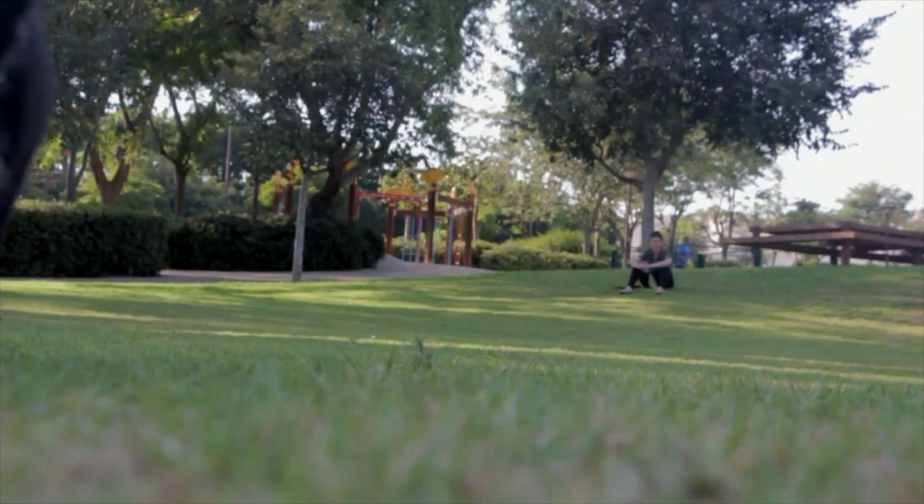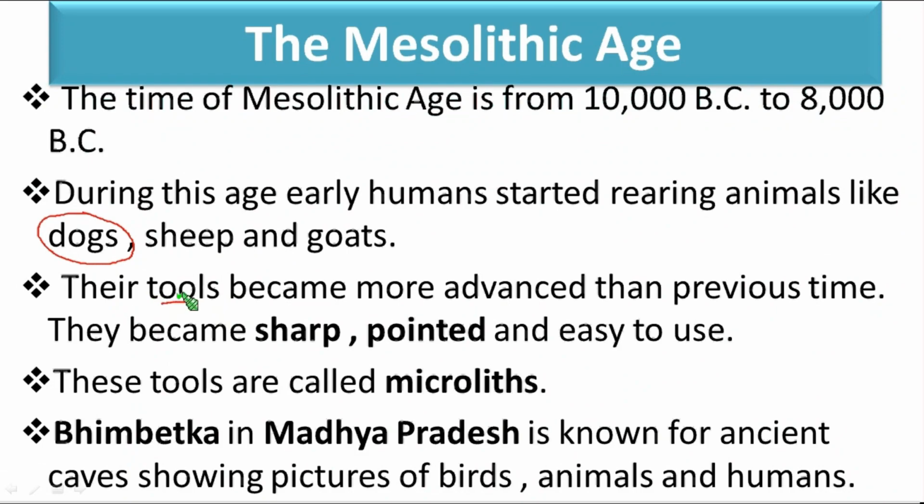During this time, the tools of the early humans had become more advanced than the previous stages. They had become a bit sharp and pointed, and they were also very easy to use. The stone tools which those people were using during the Mesolithic time period are called microliths.